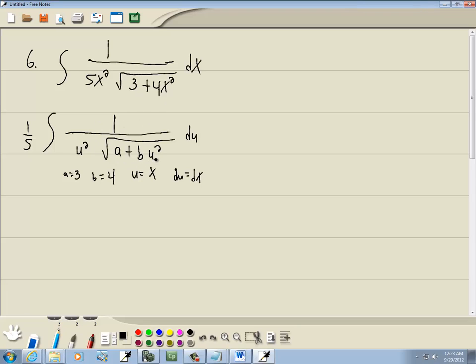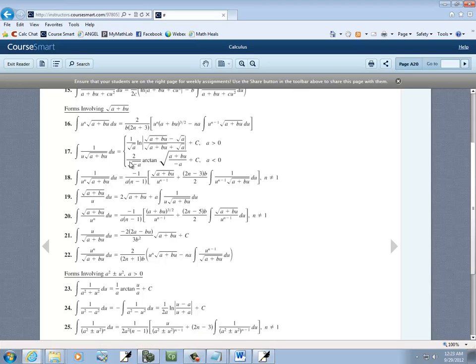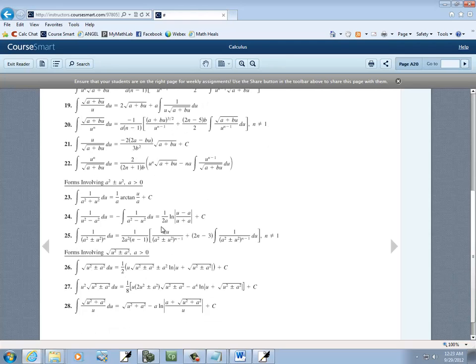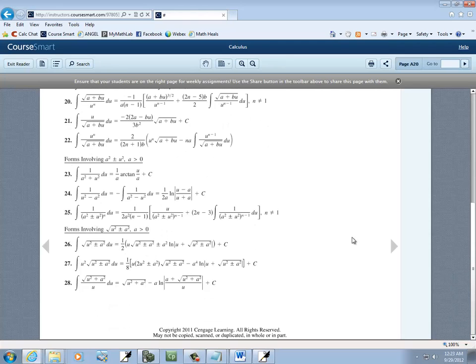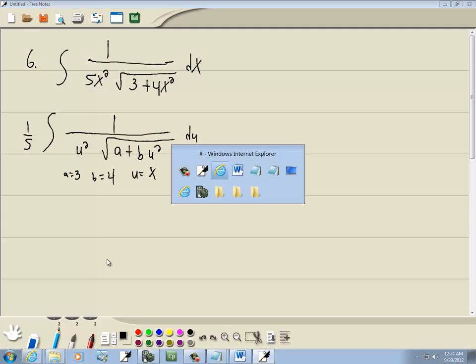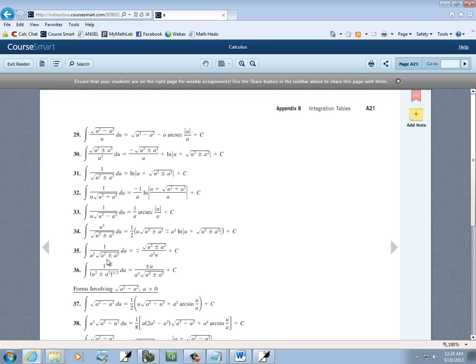The big question is, do we have anything that fits this form? A plus bu squared. So let's go look now. Here's something. It's got those flipped around, but that's okay. I could deal with that.